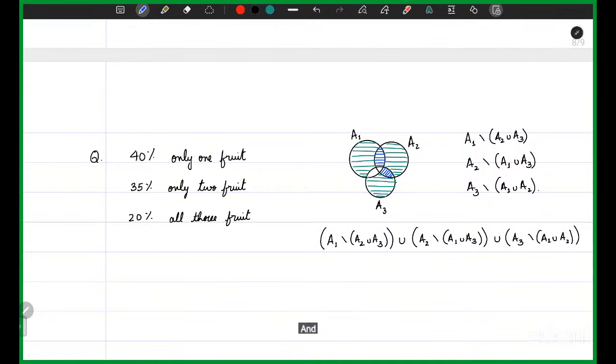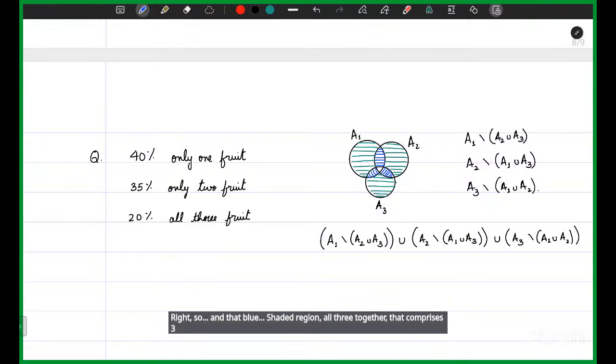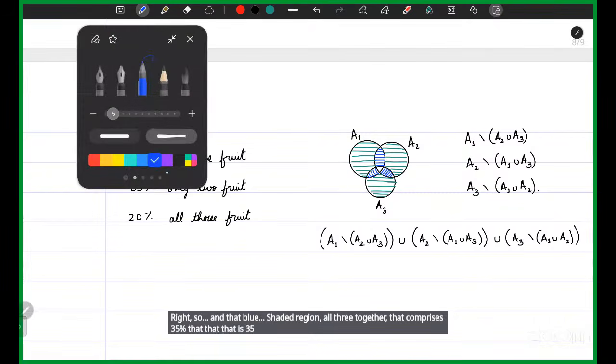And A1 and A3 and not A2 would be this region. And that blue shaded region, all three together, comprises 35% of the people.